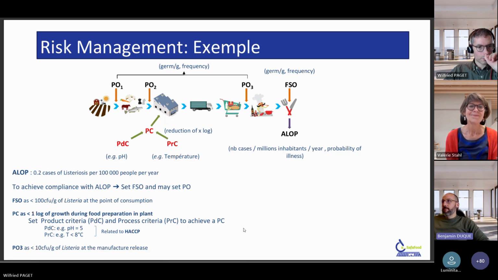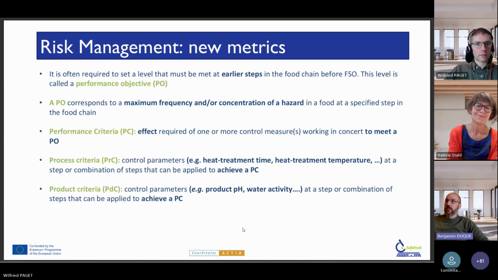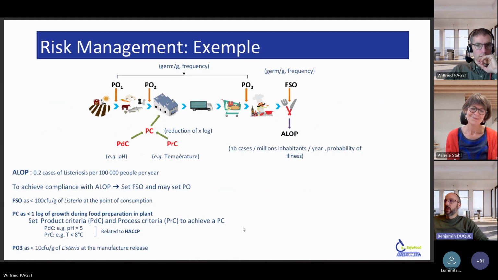And because the food business operator, through a challenge test, knows that Listeria can grow in its products, but not enough to exceed 100 CFU per gram. And just a small aside, if a producer cannot justify that the criterion of 100 CFU per gram will be respected at the end of the shelf life, in this case, the PO becomes absence in 25 grams.